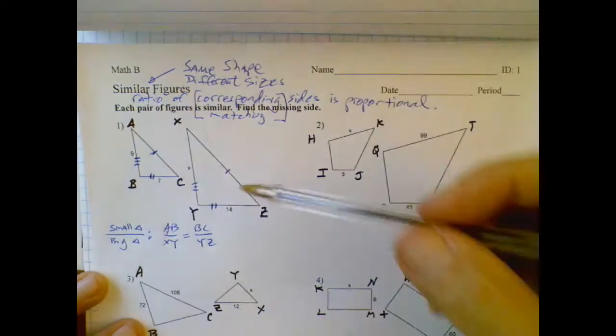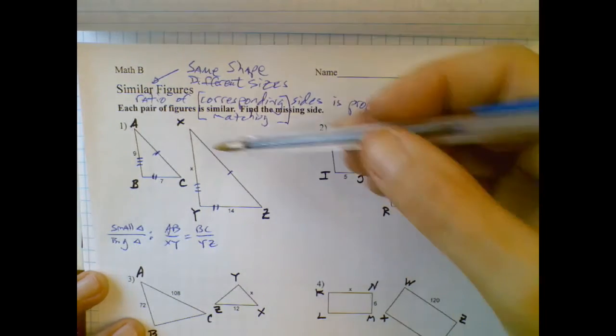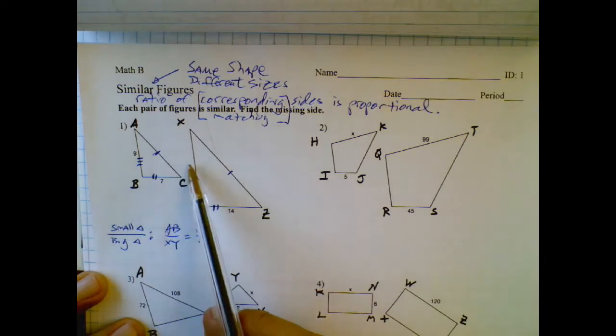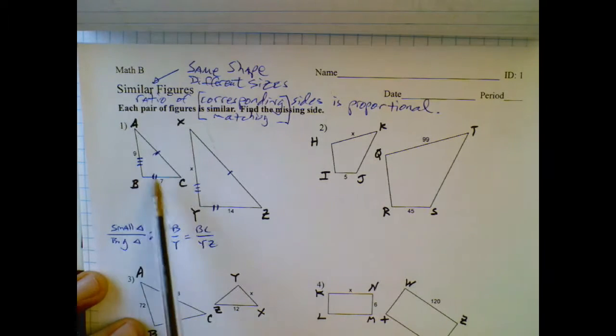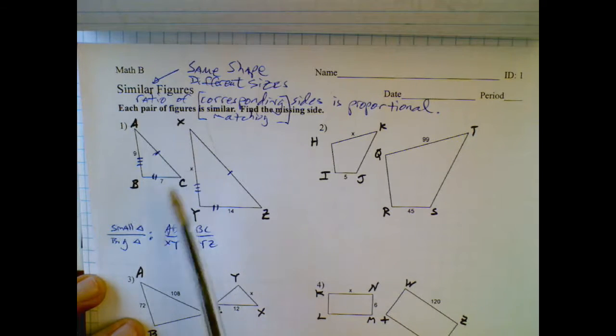And I could continue around saying AC is proportional to XZ. But I just need to find X here. And I notice that I have 1, 2, 3, 4 pieces, and I know 3 of them. And that is enough to allow me to set up a proportion to solve for X.